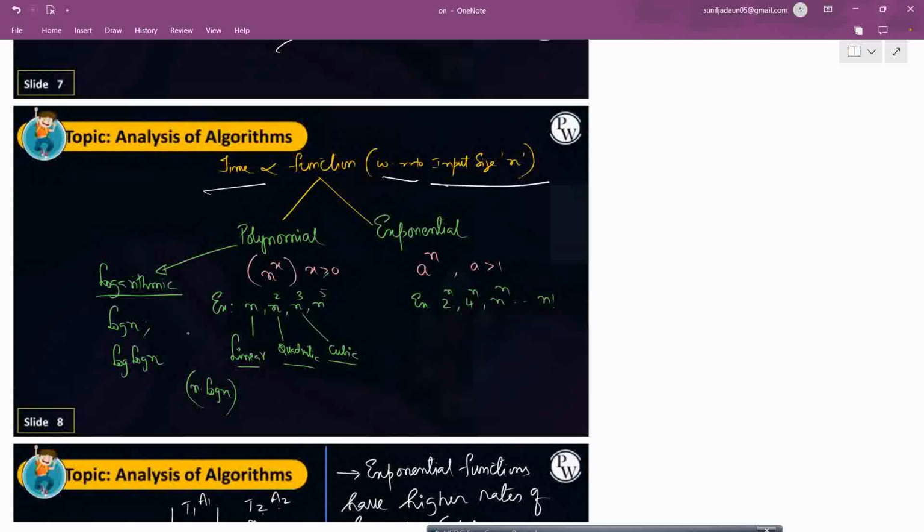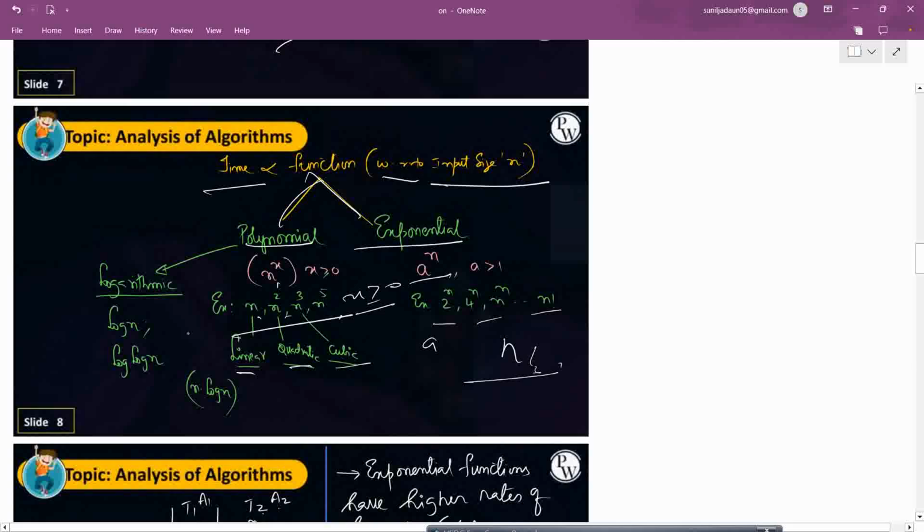So it could be of two types, polynomial or exponential. n to the power x is polynomial, where x is greater than or equal to 0, right? Linear, quadratic, cubic are polynomial, and e to the power n is exponential. Factorial also is exponential. Logarithmic functions like log n also come under polynomial functions.